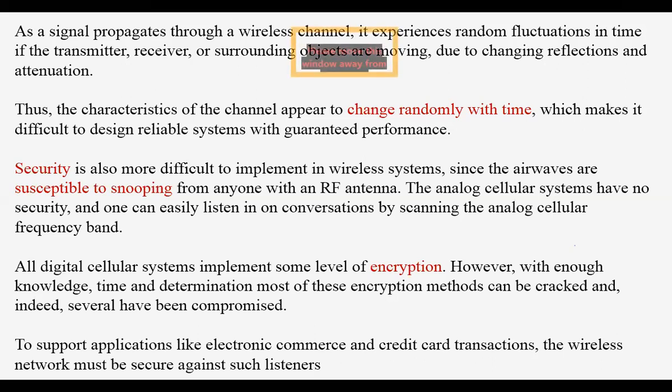All digital cellular systems implement some level of encryption. However, given enough knowledge, time, and determination, most of these encryption methods can be cracked, and indeed several have been compromised. We know of electronic frauds because of this in wireless communication or any communication system. So security is a very important concern.